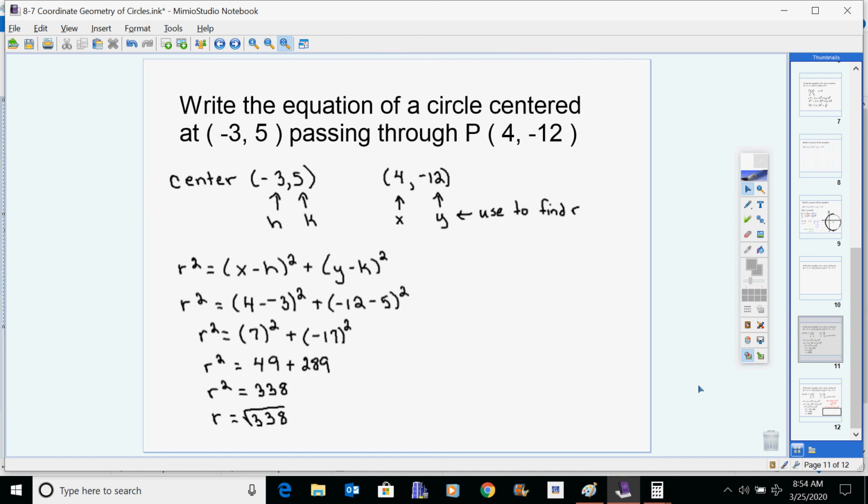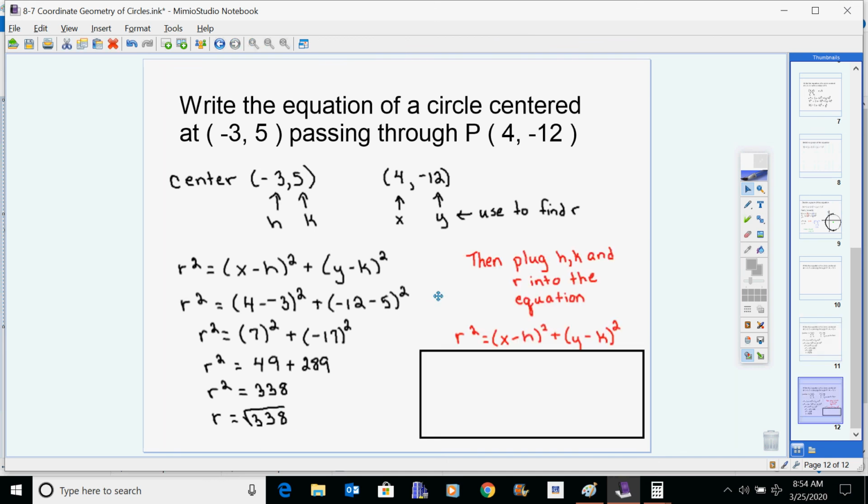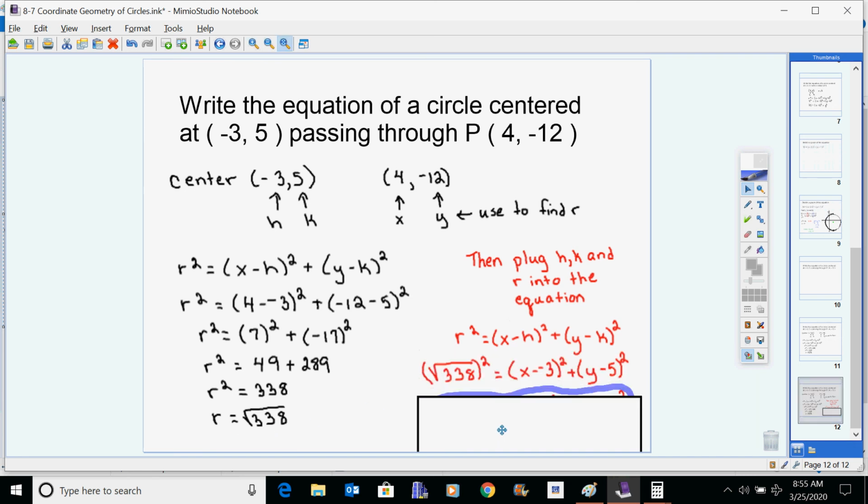So what we need to do then is plug this r into our blank equation in order to find out what the general equation is that would have an x and a y in it to show all of the x's and y's. You know your h and you know your k, so you plug them in like normal. But now we're going to put this r in where r squared is.